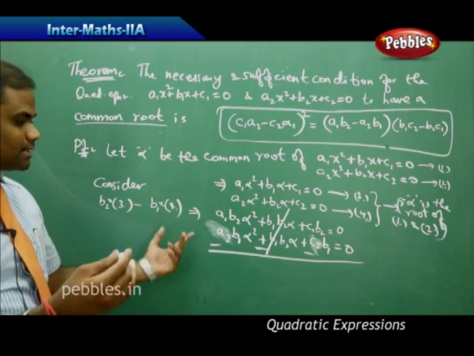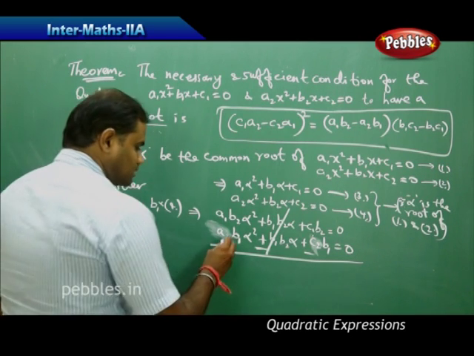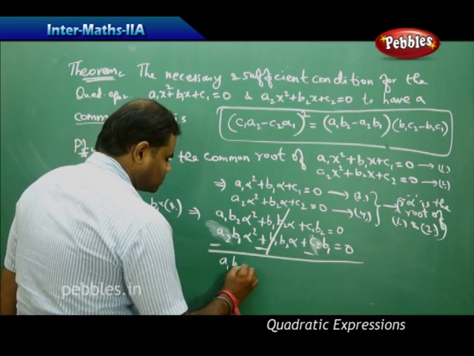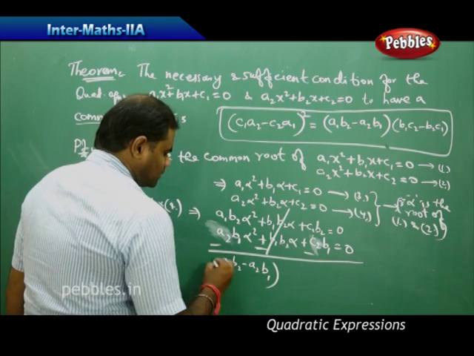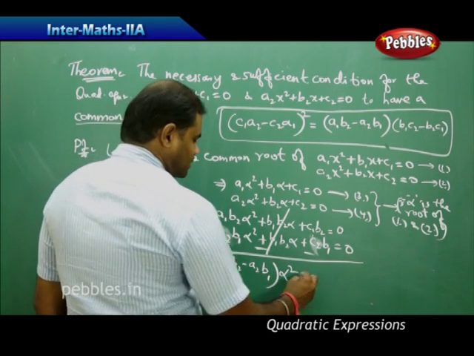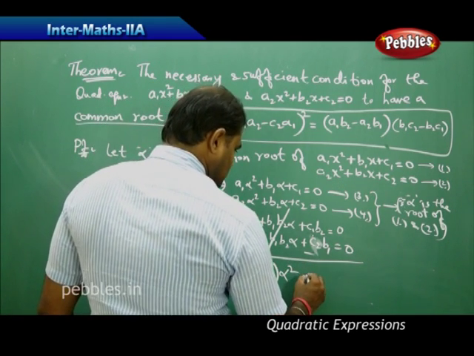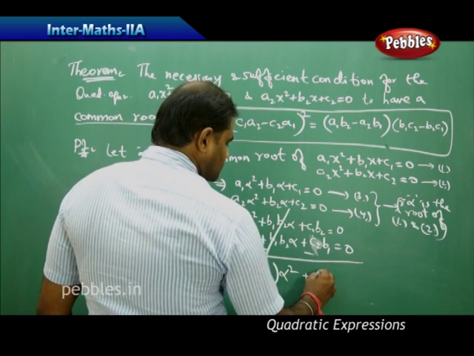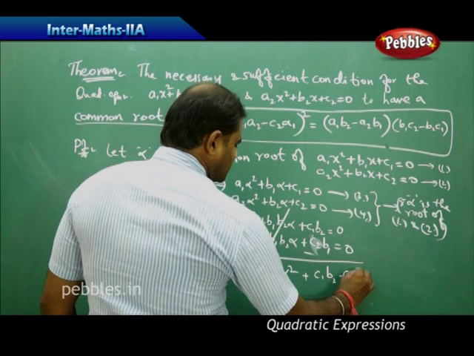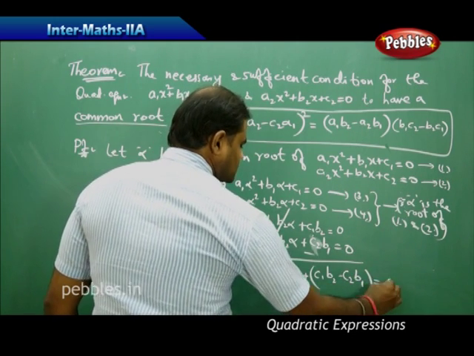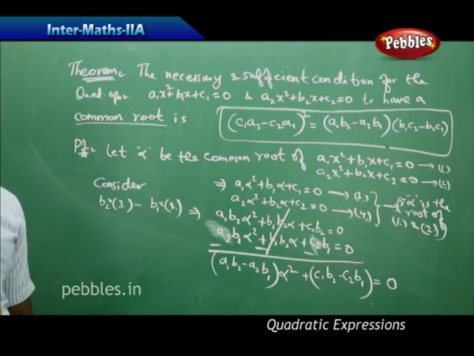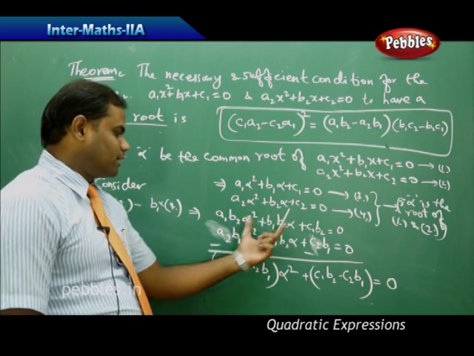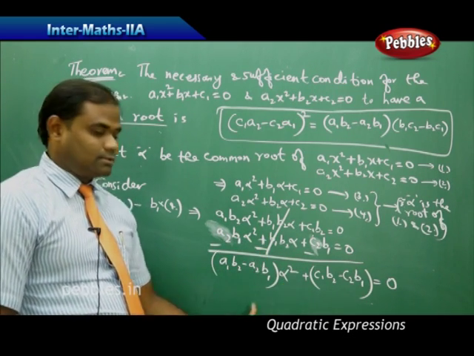Proceeding as in the previous case, I take this common and I get a1 b2 minus a2 b1 times alpha squared plus c1 b2 minus c2 b1 equals 0 when I simplify using the subtraction process.